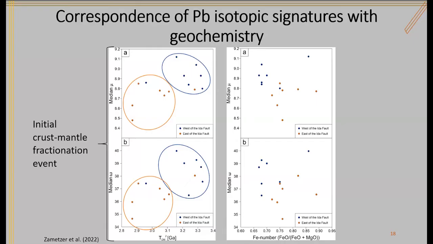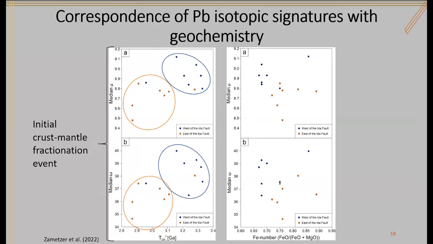I also realized that there's a certain relationship, maybe not as strong as the one that is shown in the plot to the left, but there is a certain relationship between median mu and median omega and the geochemical parameter iron number. Iron number is used to classify the differentiation paths of granitic rocks.